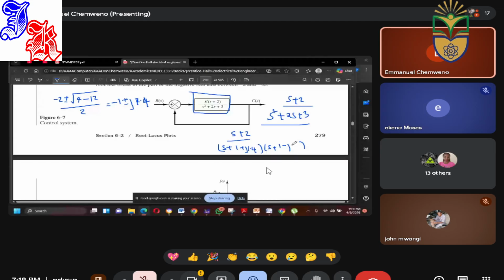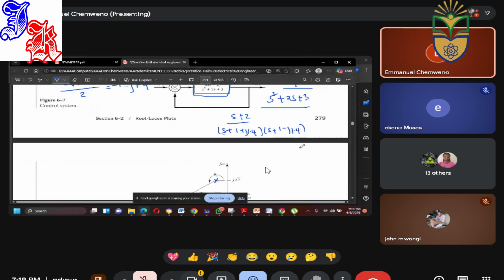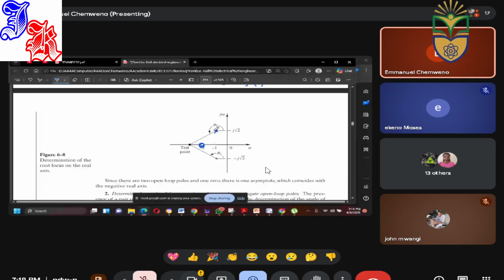Now, the first rule says it has to be symmetric. Number 2, the locus originates at open loop poles and goes to infinity.